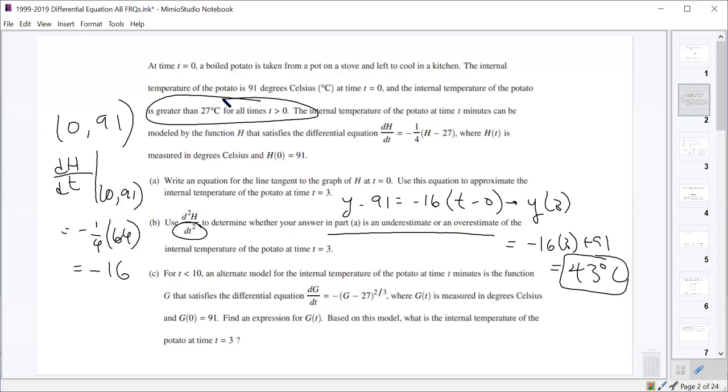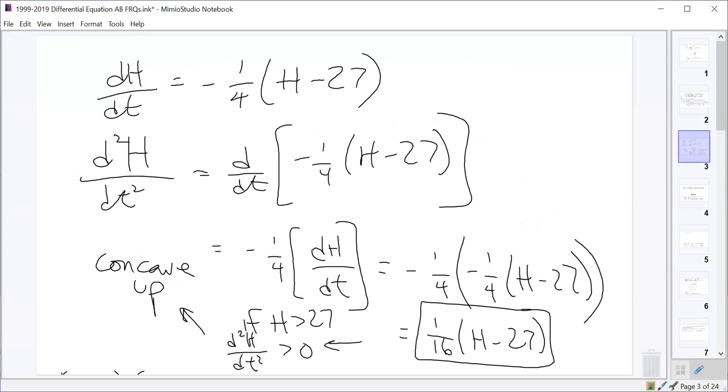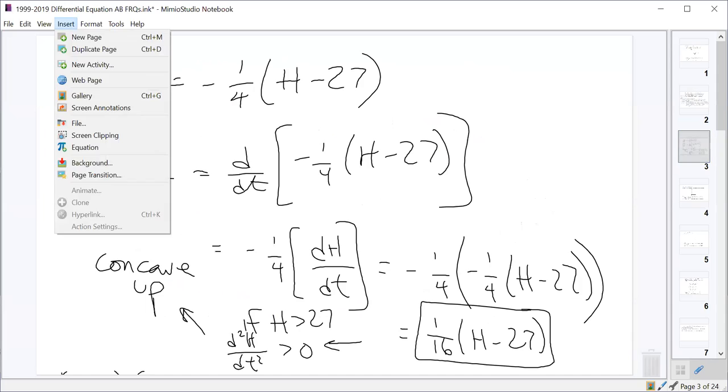So we don't have to worry about it being less than 27. Good? Yes. Wonderful. All right. So everyone agrees that this function is concave up for all t values that we are concerned with.